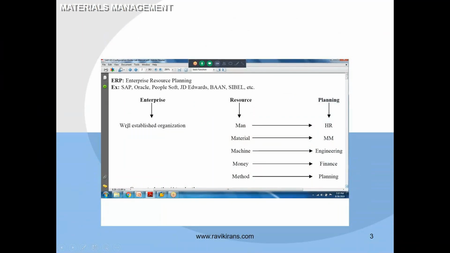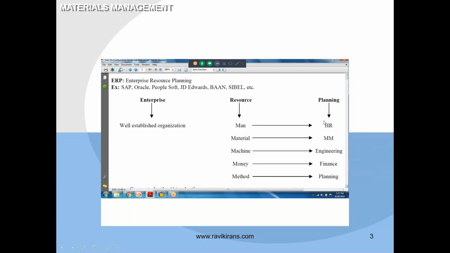So, enterprise: a well established organization. These are the manpower, material, machine, money, methodology. So five M's: planning, your HR, your MM, your engineering, your finance. So enterprise resource planning.